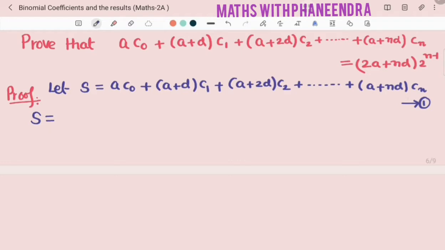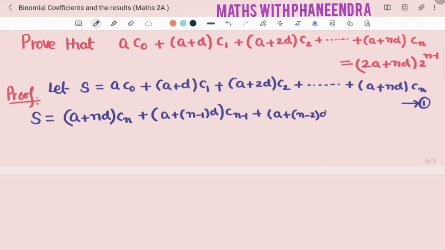S is equal to, reverse order I am writing. So first term (a plus nd) into Cn. Before Cn what term will be there? Cn minus 1 only, obviously. So (a plus (n minus 1) into d) into Cn minus 1, plus before that n minus 2 is there, so (a plus (n minus 2) into d) into Cn minus 2, plus and so on.